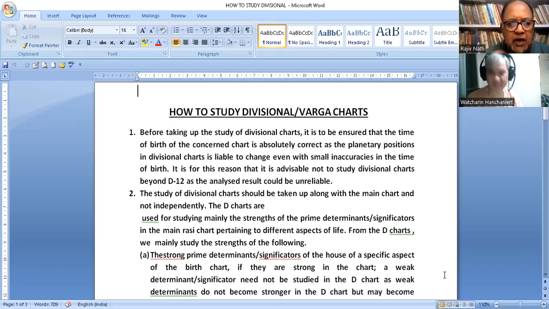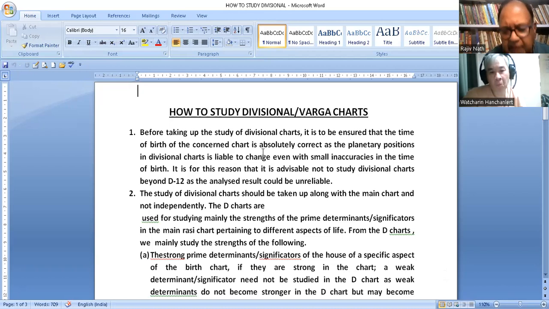So now, how to study divisional charts? This is a write-up. Can you see it? This is something very important. Number one, before taking up the study of divisional charts, it is to be ensured that the time of birth of the concerned chart is absolutely correct.